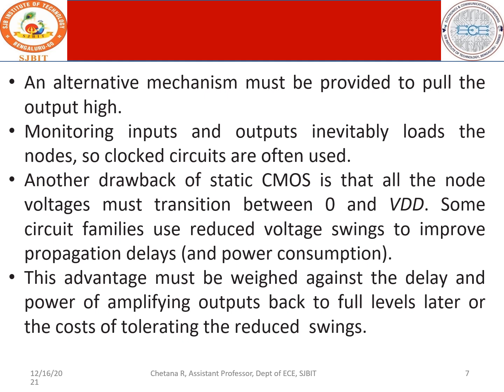So the voltage swings are not from 0 to VDD; it can be from 0.2 volts, and if VDD is 5 volts, up to 4.8 volts. Circuit families use reduced voltage swings to improve propagation delays. So this is also one drawback of CMOS.